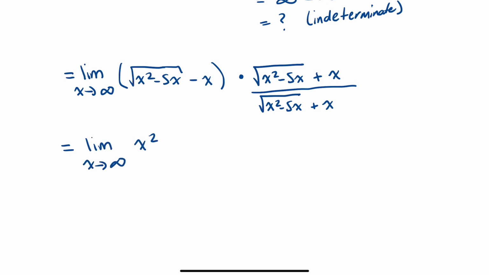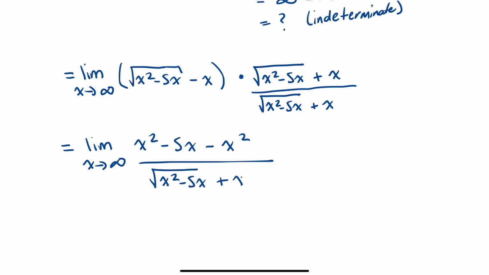So we get the limit as x approaches infinity of x squared minus 5x, and then multiplying the negative x and the positive x together, we get minus x squared. And then we still have the bottom, which is the square root of x squared minus 5x plus x.